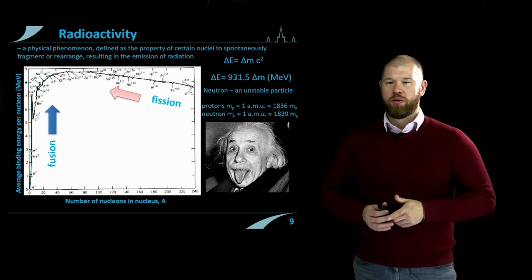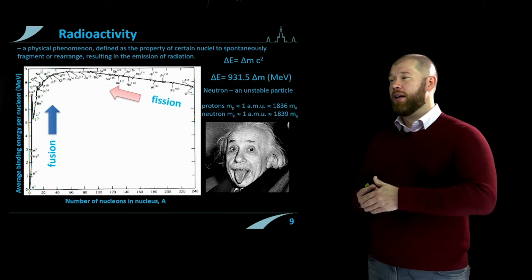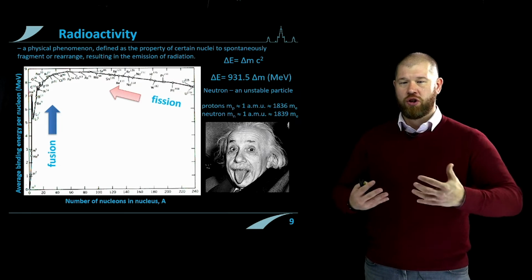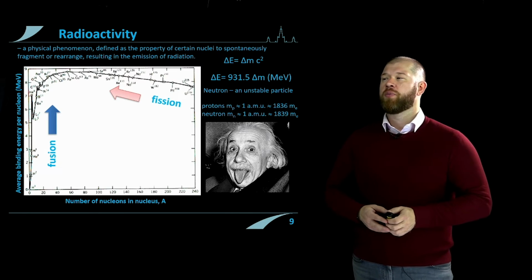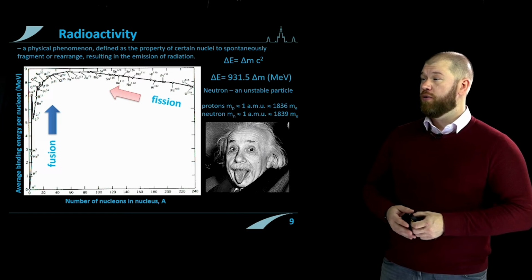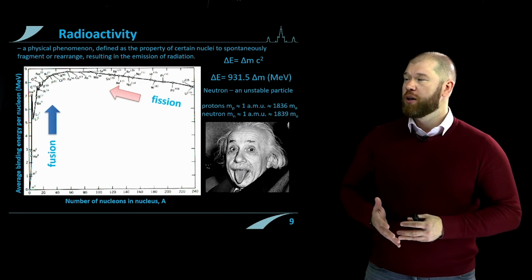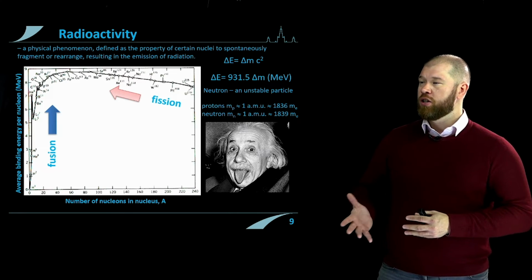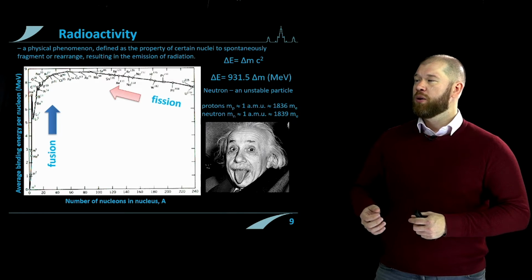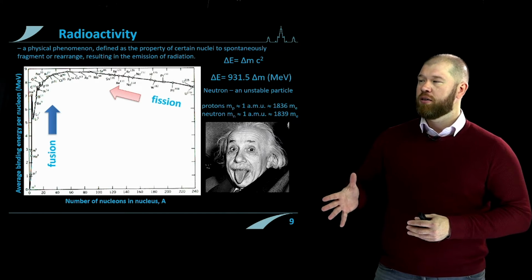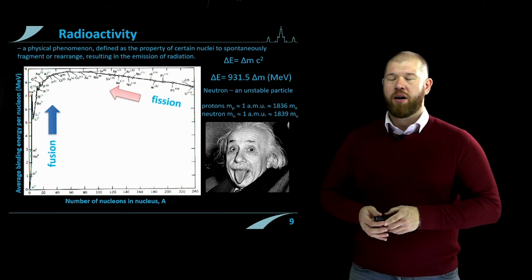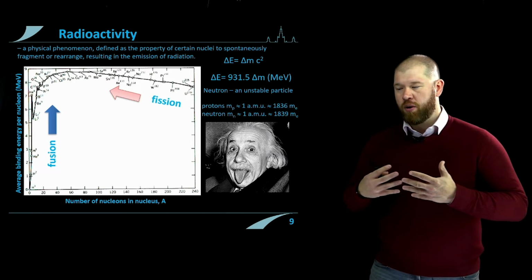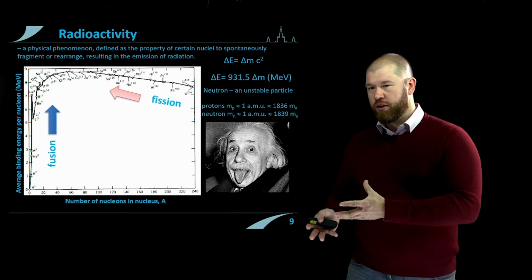If we look at how the average binding energy in the nucleus changes with the mass of the nucleus, we obtain this curve, from which we can see that the energy increases when we go from the very light atoms to the heavier ones. That means that combining small nuclei into a heavier nucleus is an efficient process.